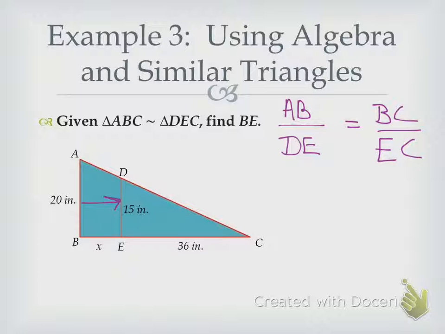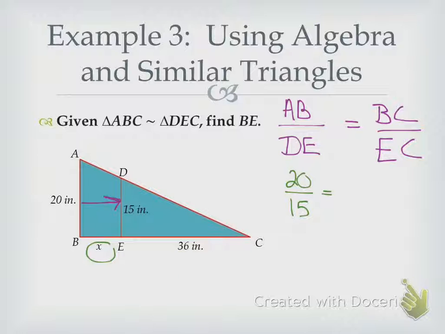EC. Now let's fill in the values for these sides. Side AB is what? 20 inches. And DE is 15, so 20 over 15. Now what about side BC? BC is going to be x plus 36.